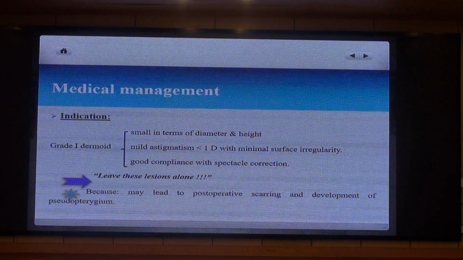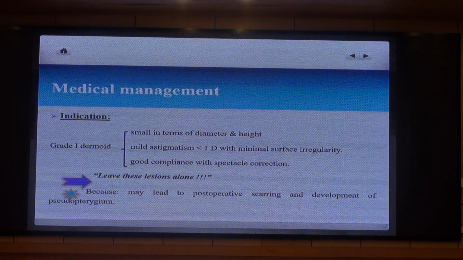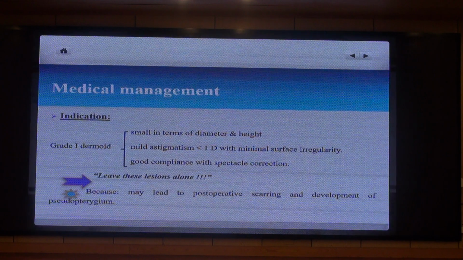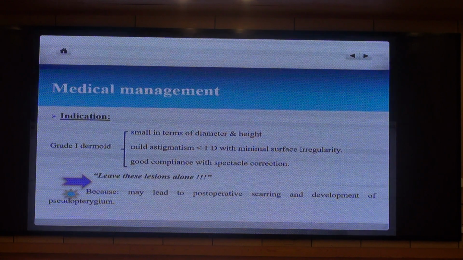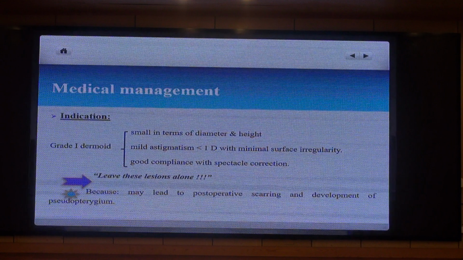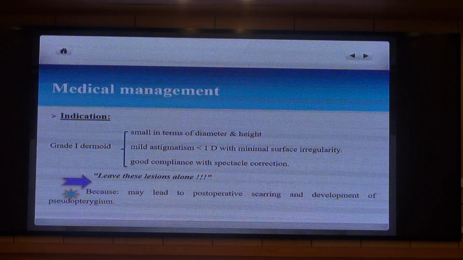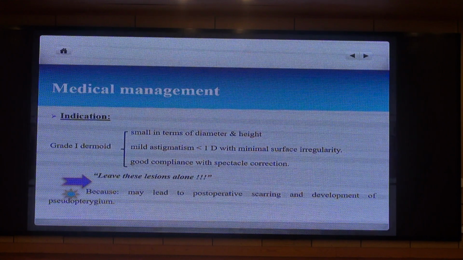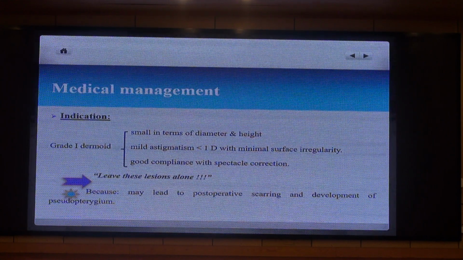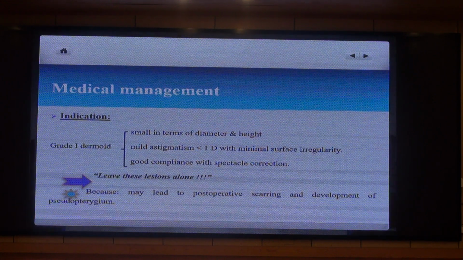With this tumor, the best thing is to leave the lesion alone, because the acuity is still good and the patient does not feel uncomfortable with it, and if the patient can follow up very well. Because if we cut it, even a simple excision can lead to scarring and develop visual obstruction, and that is very bad.